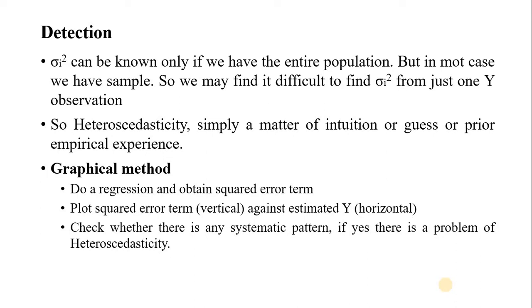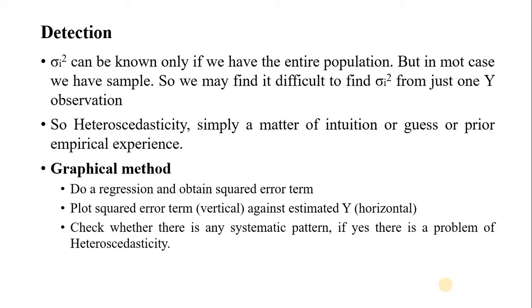I have told you that the variance of the error term is equal to small sigma i square, and sigma i square can be known only if we have the entire population.